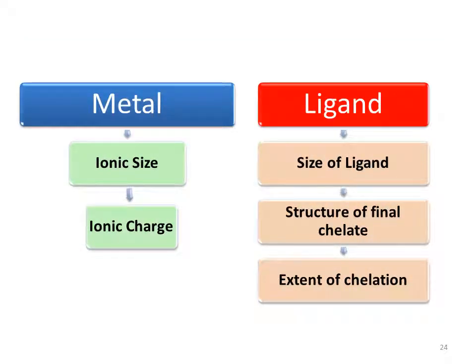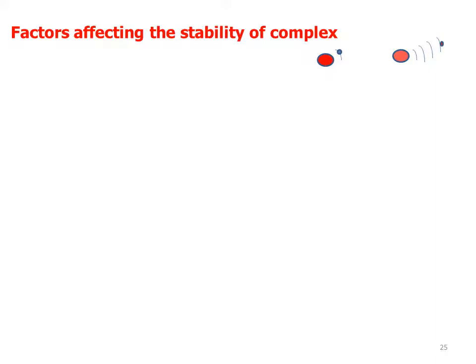For the metal, the ionic size and the ionic charge differ in the stability of the complex. For the ligand, the size of the ligand, structure of the final chelate, and extent of chelation also differ in the stability of the complex.